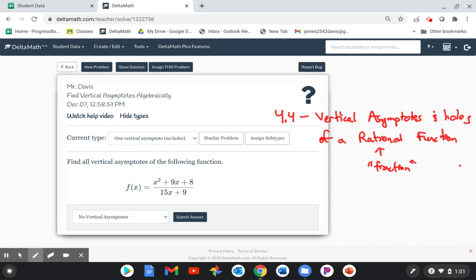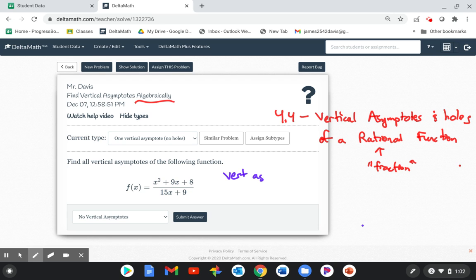And in this specific place, we're going to talk about algebraically, meaning we have no idea what the graph looks like. We're just going to look at the function and use algebra techniques to find the asymptotes. So first thing we need to do is define how we're going to do that.